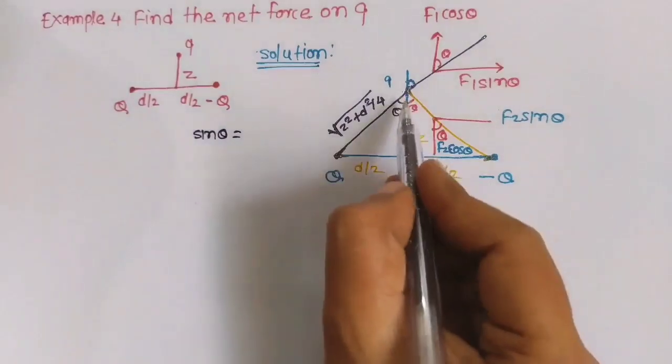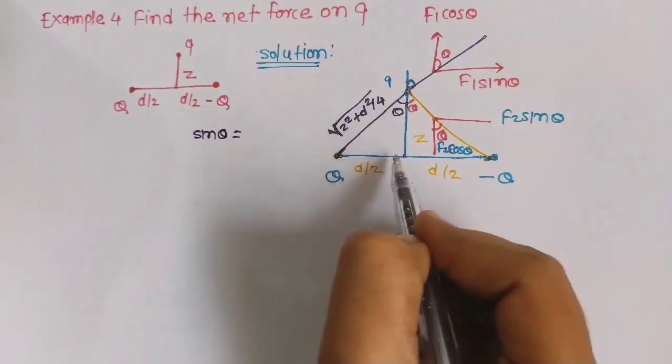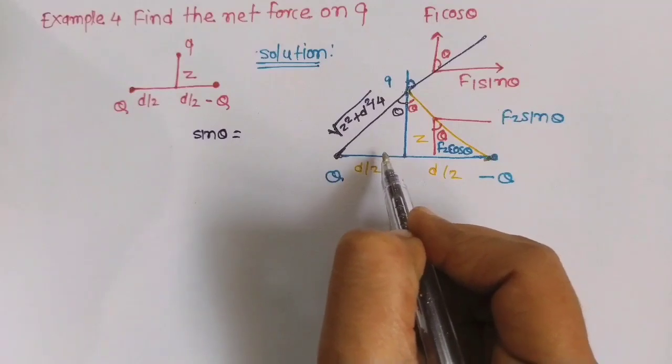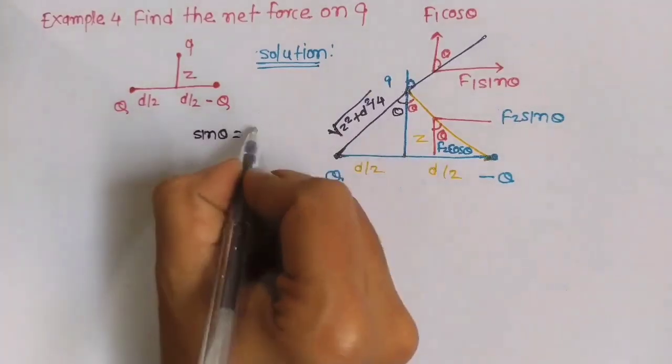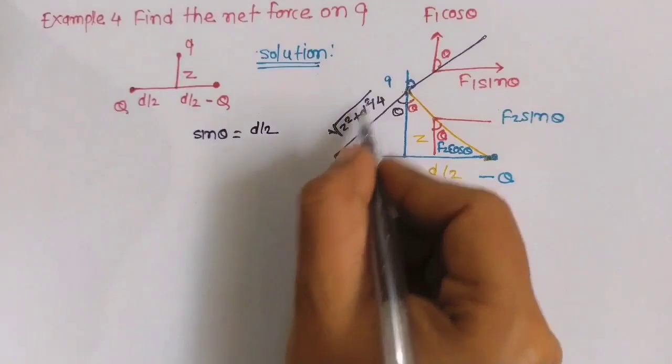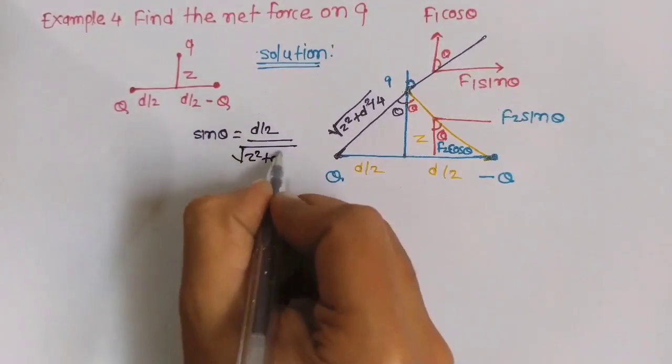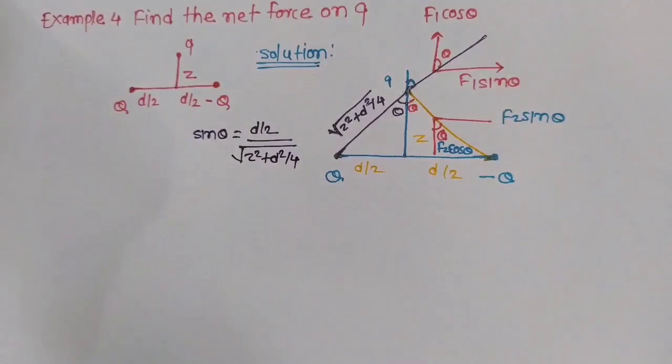Sin theta is equal to opposite side upon hypotenuse. Therefore, this is d by 2 upon the hypotenuse, which is under root z square plus d square by 4.